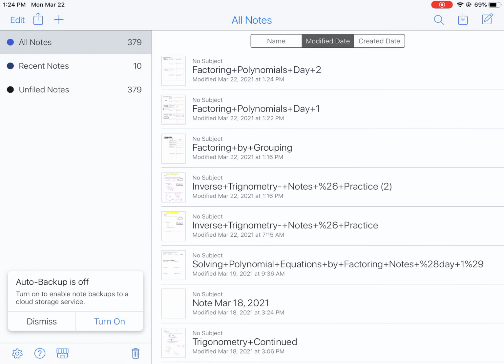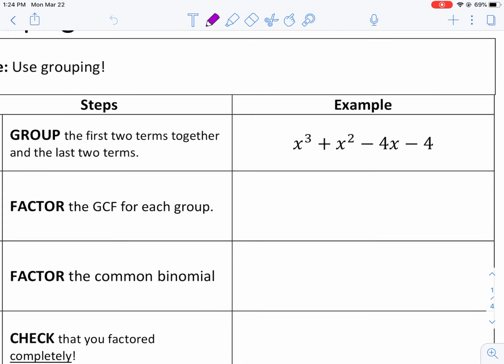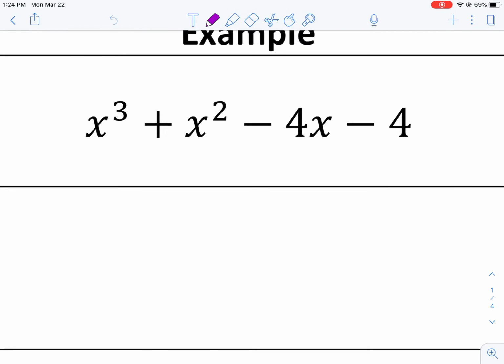And then the last one that we learned this week is factoring by grouping, okay? And that one's a little bit different. You use this when you have 4 terms, okay? And when you're doing factoring by grouping, you're going to follow these same steps every single time. The first thing you're going to do is group your first 2 terms together, and group your second 2 terms together.